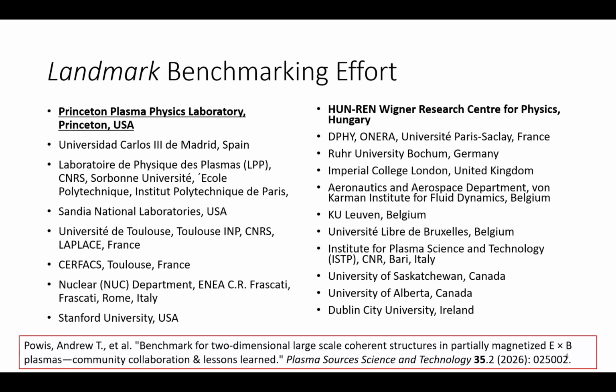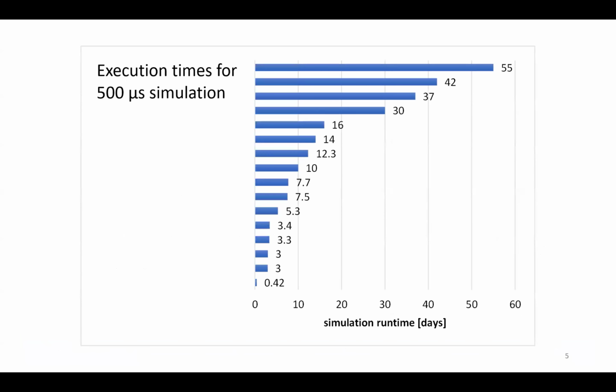And each group brought its own simulation program, and the goal was to validate that the simulation programs correctly produce the same result. And this is the distribution or the range of the execution times. And as you can see, some of it took almost 2 months. So computer science comes in, and challenge accepted.